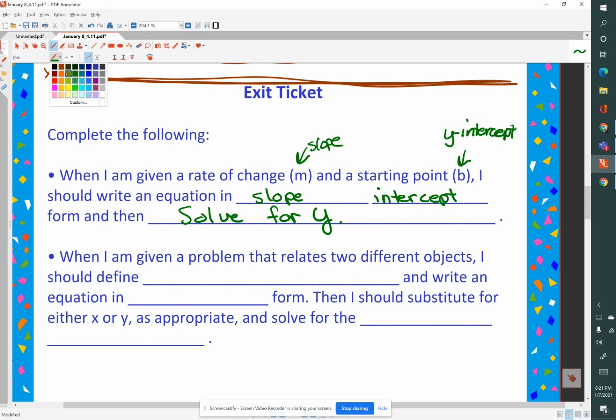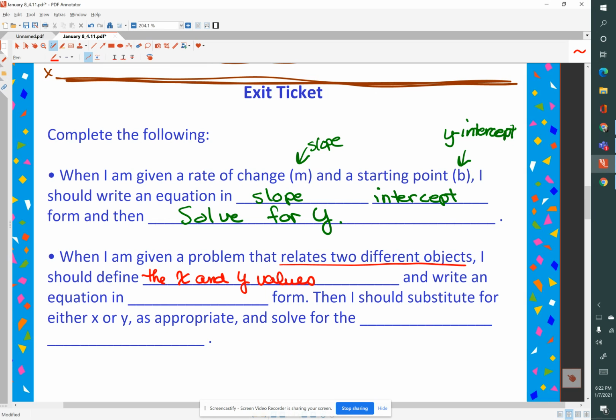Now, when I am given a problem that relates to different objects, I should define the x and y values. Define what they are. Is that the price of advance tickets, or is that the price of tickets at the door, or is that the price of solid paper, printed paper, vanilla ice cream versus chocolate ice cream?